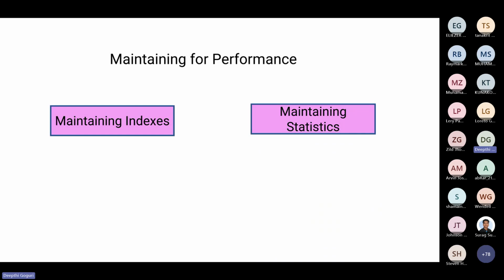So let's say a stored procedure is executed on the query engine. The query engine will first look at the statistics. Statistics are nothing but a table-like structure which will describe the distribution of the data within your table.